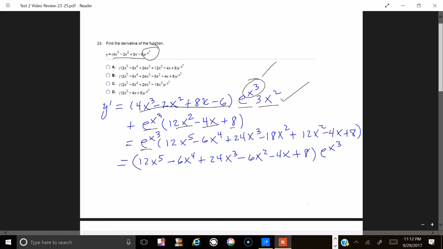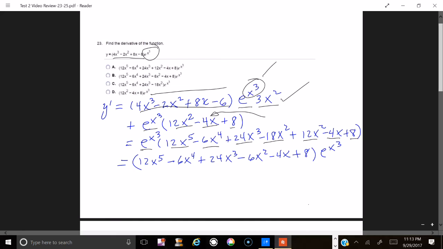and multiply the 3x squared times this polynomial, and we'll get 12x to the fifth minus 6x to the fourth plus 24x cubed minus 18x squared. And then we're going to add to that this quadratic, which is 12x squared minus 4x plus 8.